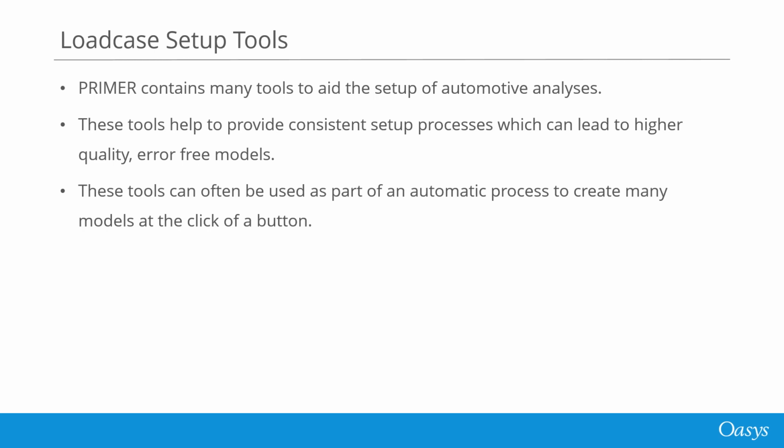Primer contains many tools that help the setup of automotive analyses. These tools help to provide consistent setup processes, which can lead to higher quality, error-free models. And often these tools are used as part of an automatic process to create many models at the click of a button.